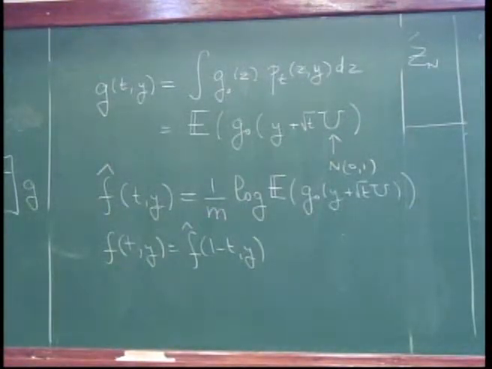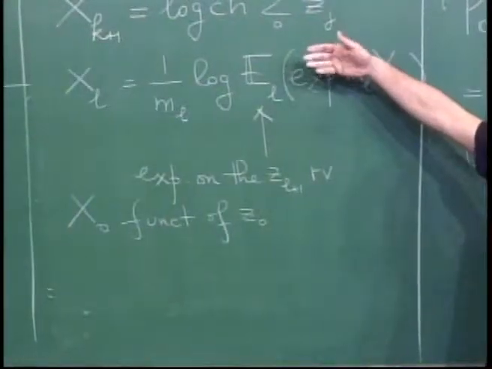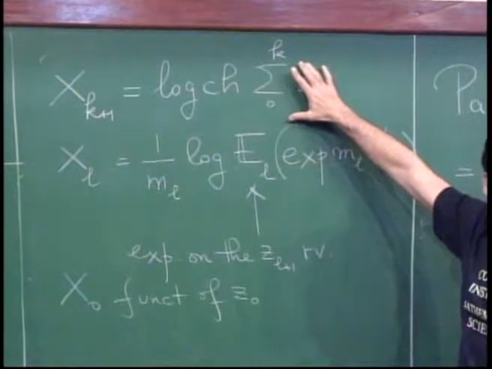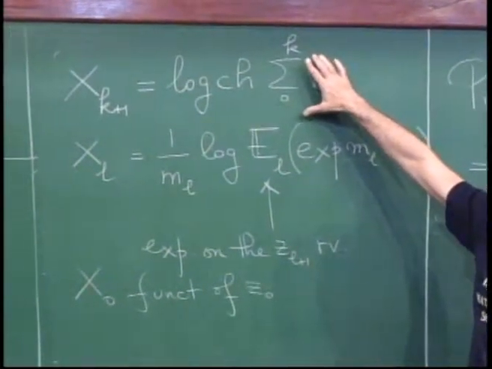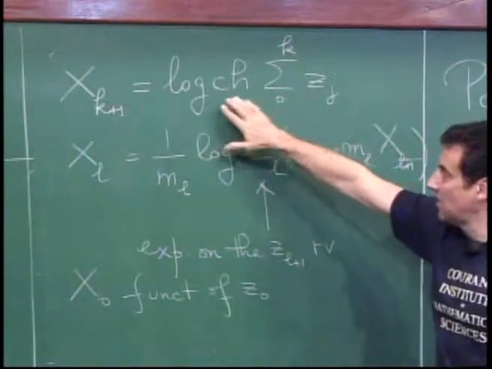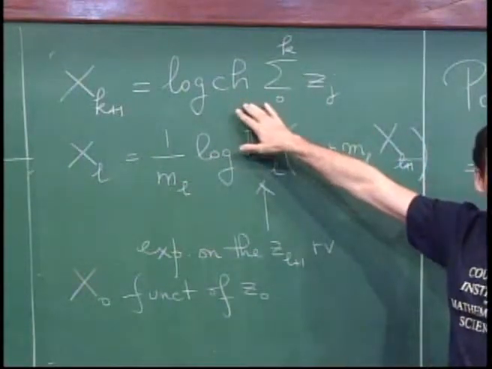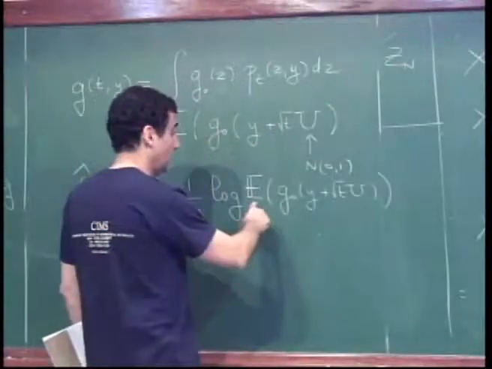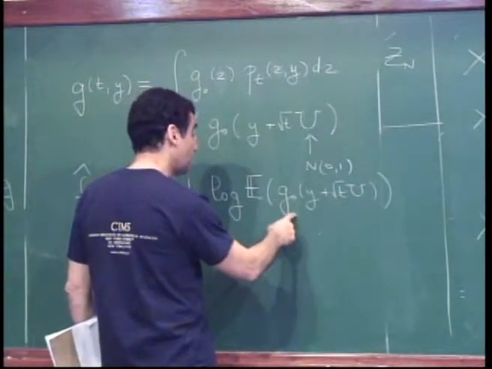Look, that's exactly the structure that we have here. Okay, so I kept that on purpose. What do we do here? We start with something which is the log of CH of some Gaussian variable, whose covariance has been well chosen. So this log of CH is what I call G0 over there. And that's exactly what we have here. We have the expectation of, so this guy is log CH.